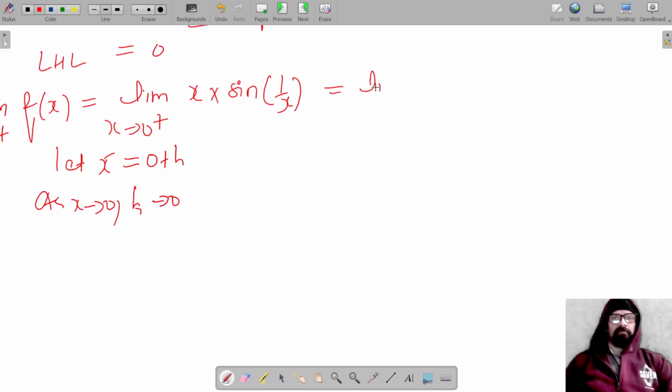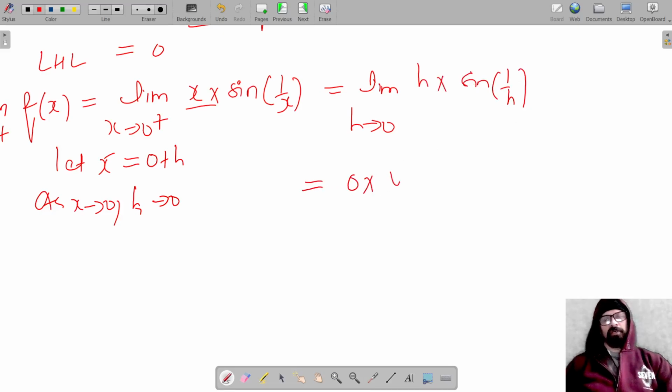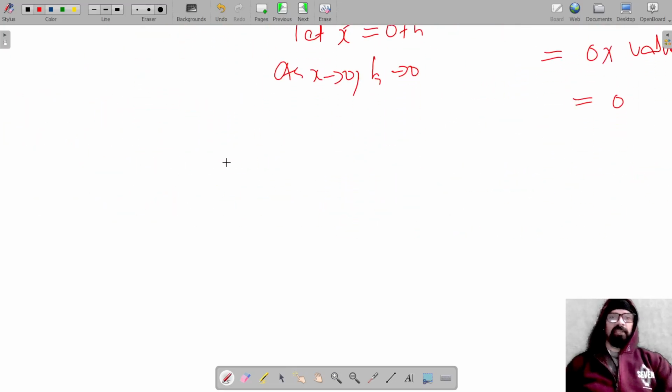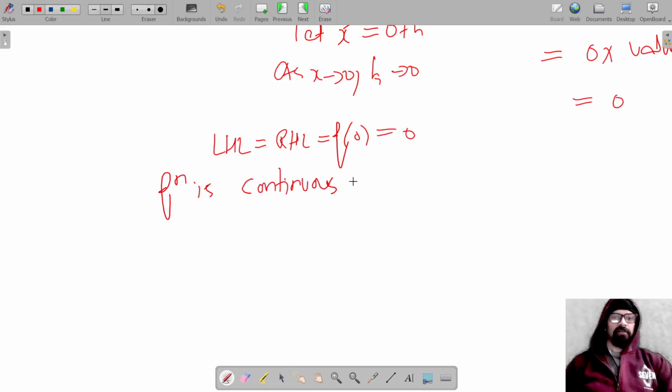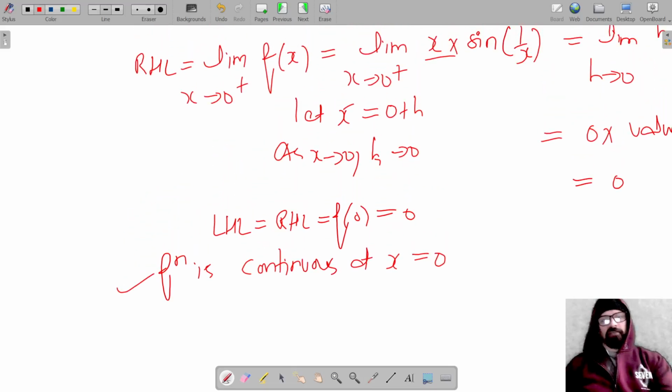So this will give me limit h tends to 0, x is 0 plus h, which becomes h, into sine of 1 by h once again. And if we take the limit, this is 0. And any value from the interval for sine 1 by h is negative 1 to 1, which ultimately will be 0. So that means the left hand limit is equal to right hand limit is equal to value of the function at 0, which is 0. So this function is continuous at x is equal to 0.